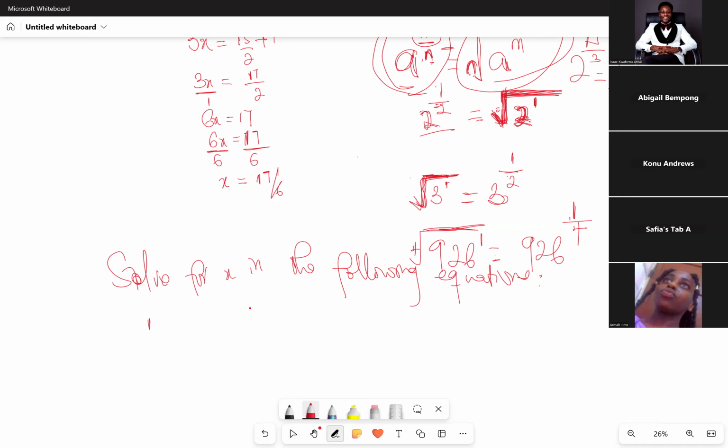We have 3 exponent 2x equals 1 over 81. Now this is easy.